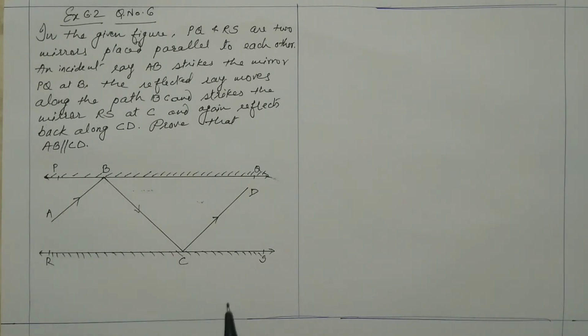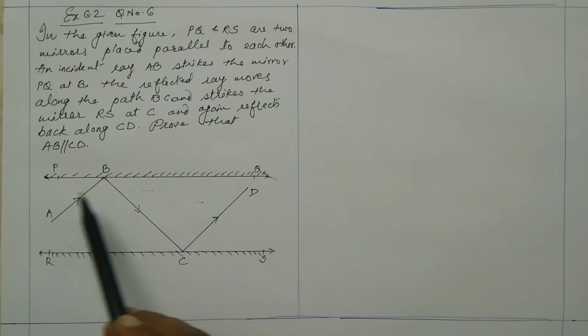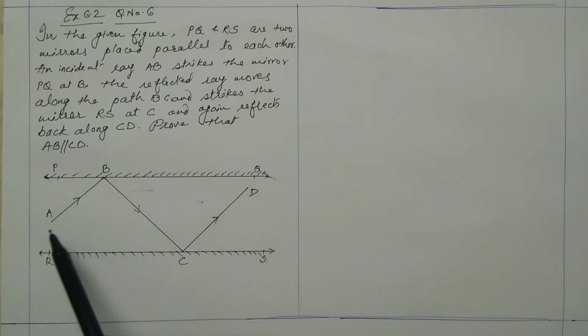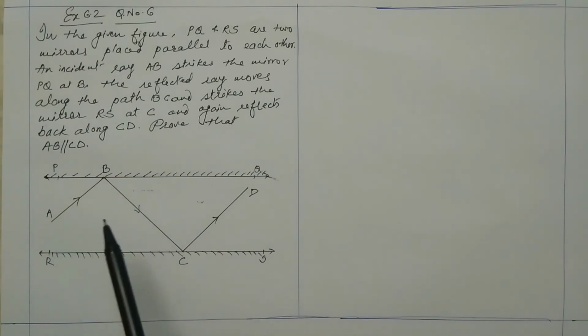In the given figure, PQ and RS are two mirrors placed parallel to each other, and they are facing each other. The reflecting surfaces are facing each other. An incident ray AB is striking the mirror PQ at point B. So AB is called the incident ray.